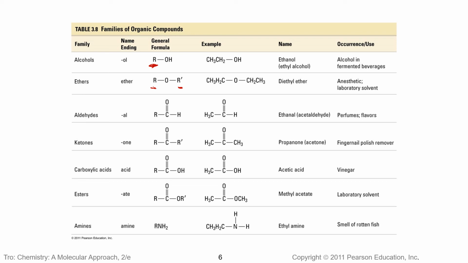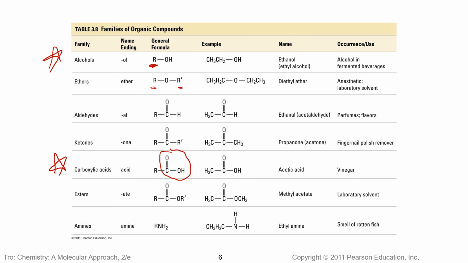Carboxylic acids we will see quite frequently. So alcohols and carboxylic acids are going to be the ones that we deal most frequently with in general chemistry. Carboxylic acids are carbon double bonded to an oxygen with an OH group on the end. And this is one whole group, so it is not an alcohol plus something.